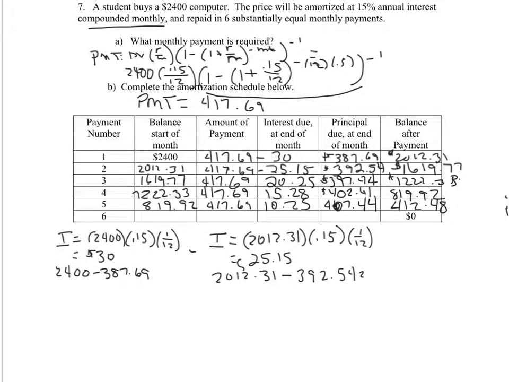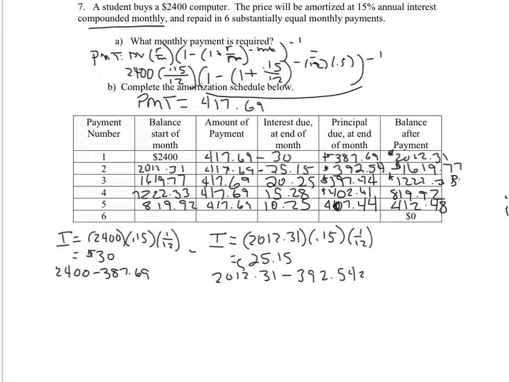And so you can see on payment number 3, 4, 5, I have filled in the values. Let me just hit some high spots with you so you can make sure your numbers match up. On payment 3, you should have $20.25 paid in interest, which means $397.44 was the principal due at the end of the month, leaving you with a balance of $1,222.33.